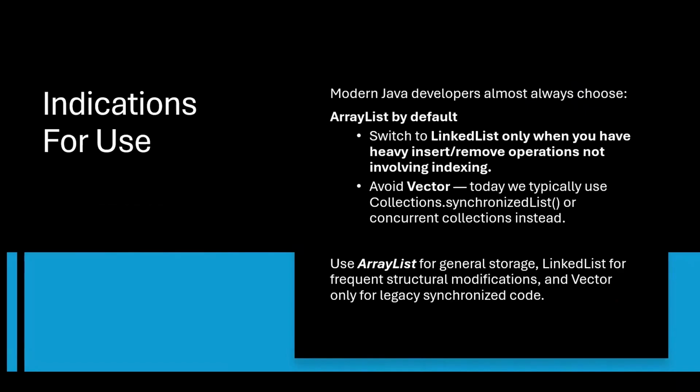I also have here, avoid Vector, and use Collections.synchronizedList or a concurrent collection instead. The reason you only use Vector in legacy code is because it adds additional overhead for operations that are not multi-threaded. So in general, use ArrayList for general storage, LinkedList for frequent structural modifications, and Vector only for legacy synchronized code.